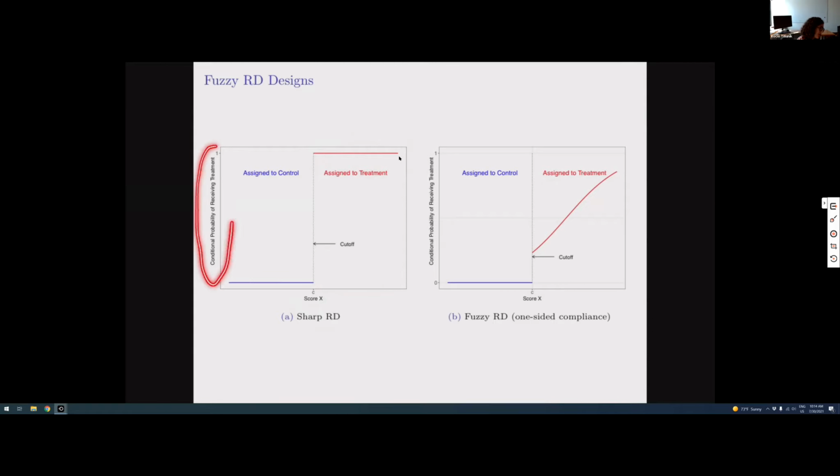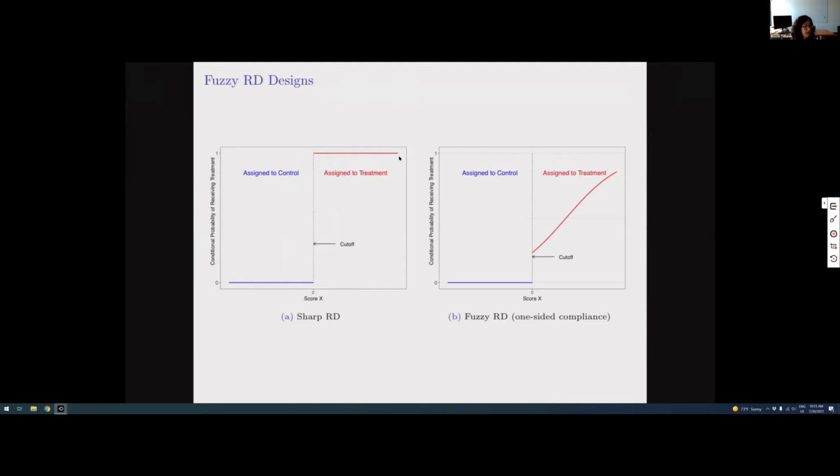So we are looking here at the conditional probability of receiving the treatment, not being assigned to it, as a function of the score. With perfect compliance in a sharp RD design, the probability of receiving the treatment above the cutoff is 1, and below the cutoff it is 0. So there's a full jump from 0 to 1.